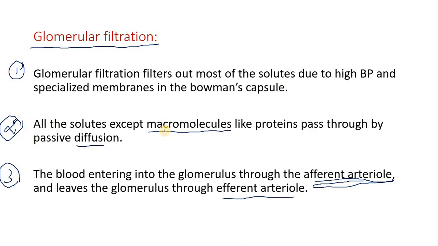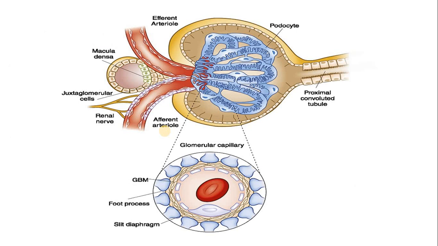Macromolecules like proteins are filtered out through the semi-permeable membrane of glomerulus. And then the essential materials filtered through the glomerulus or Bowman's capsule, and again the essential material reabsorbed or leave through the efferent arteriole.